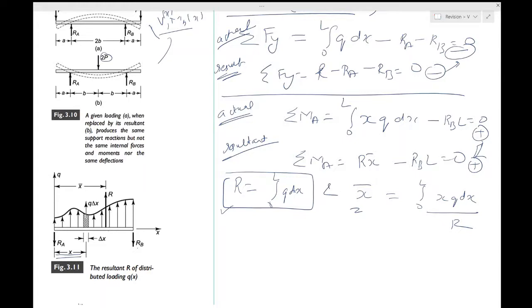So this is the centroid of a loading diagram, and this is the total area of the loading diagram. You knew this already.